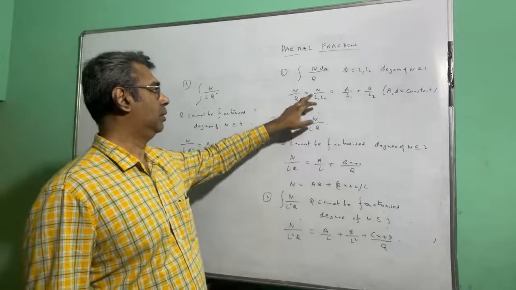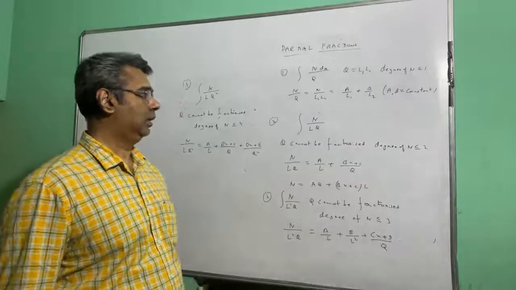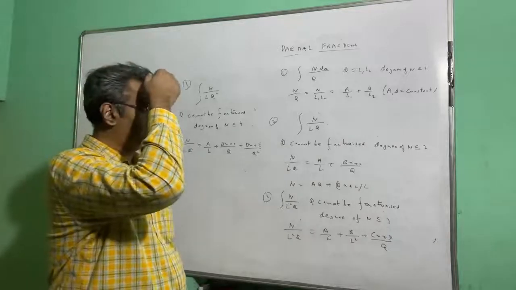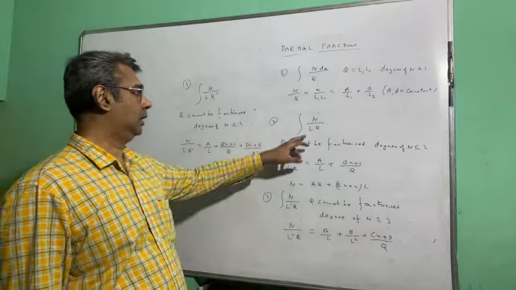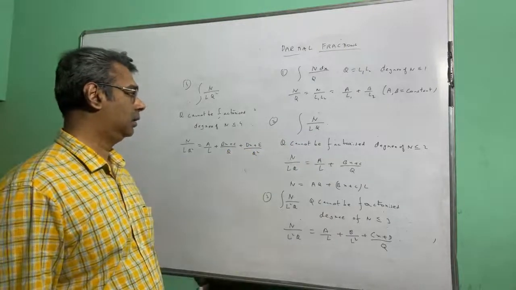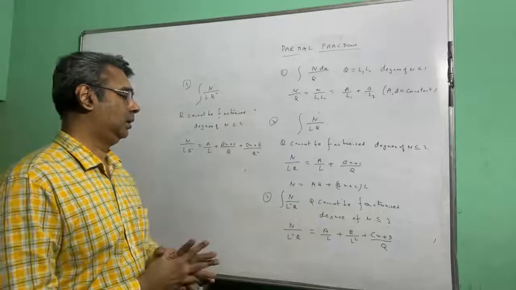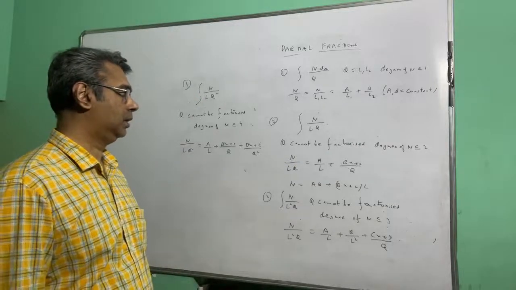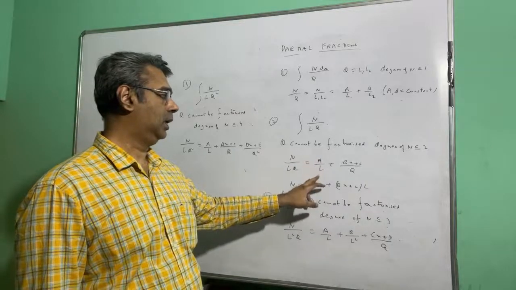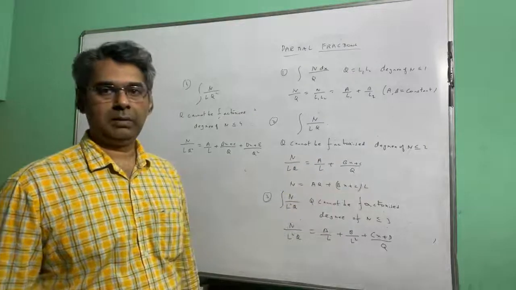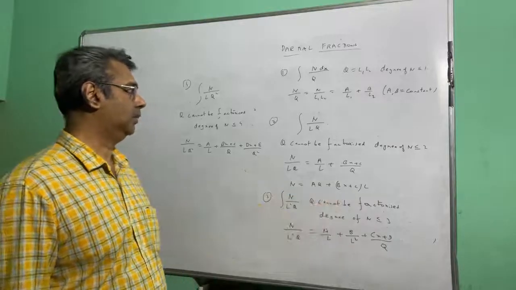So numerator by L1 L2 is a by L1 plus b by L2, where a and b both are constant. Then numerator by linear into quadratic, so the quadratic cannot be factorized, and degree of numerator less than equal to 2. So you have to say a by linear plus bx plus c by quadratic, and then you will get this, right?